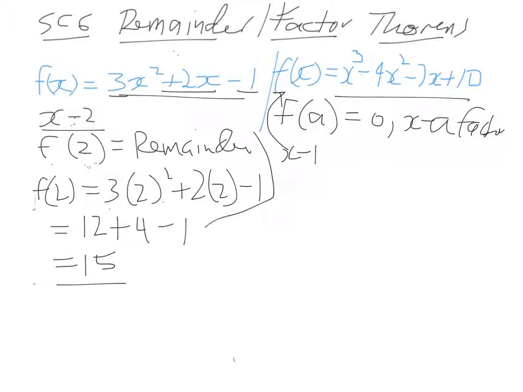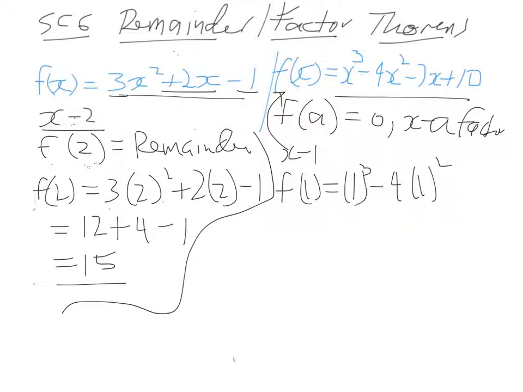So to do that, what I do is I substitute 1 for x. So f of 1 equals 1 cubed minus 4 times 1 squared, minus 7 times 1, plus 10.